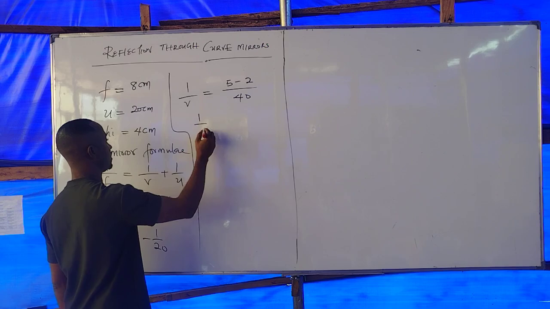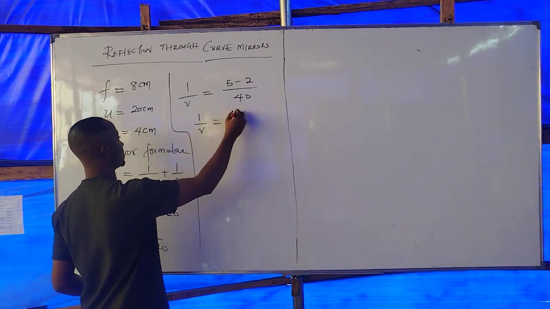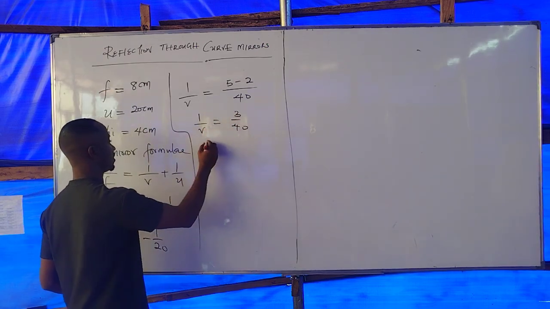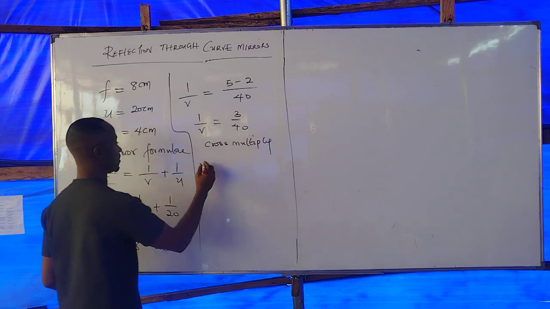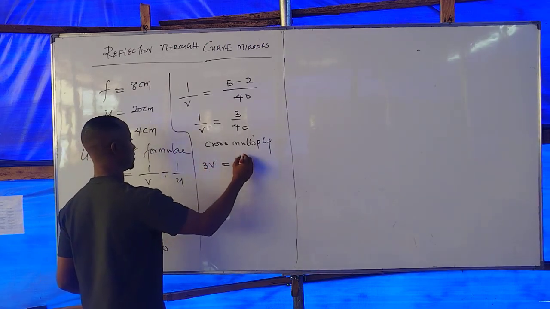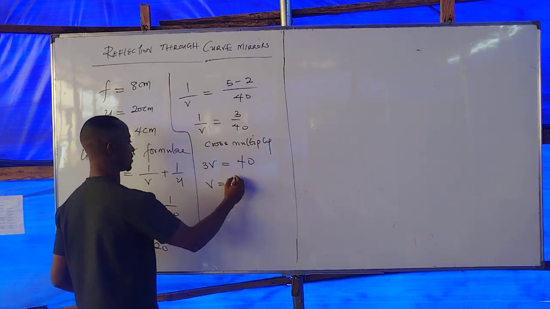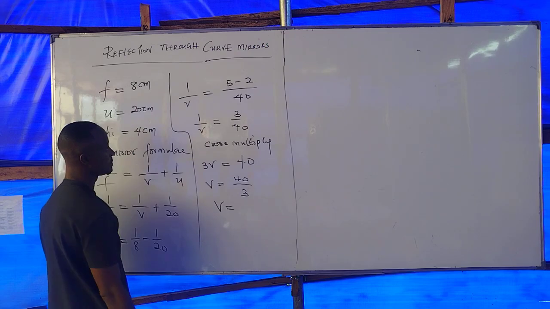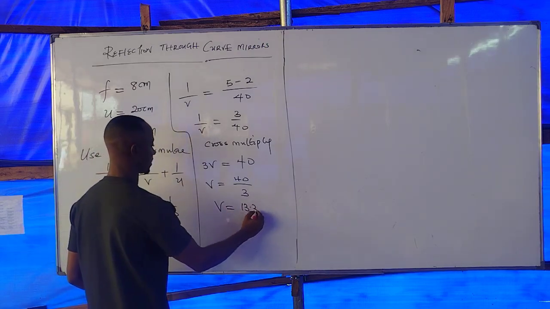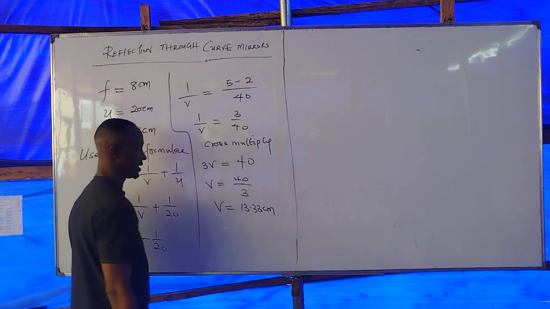So we have 1 over V equals 3 over 40. We cross multiply. That means 3V equals 40, so V becomes 40 over 3, which is 13.33 cm. Are you following?